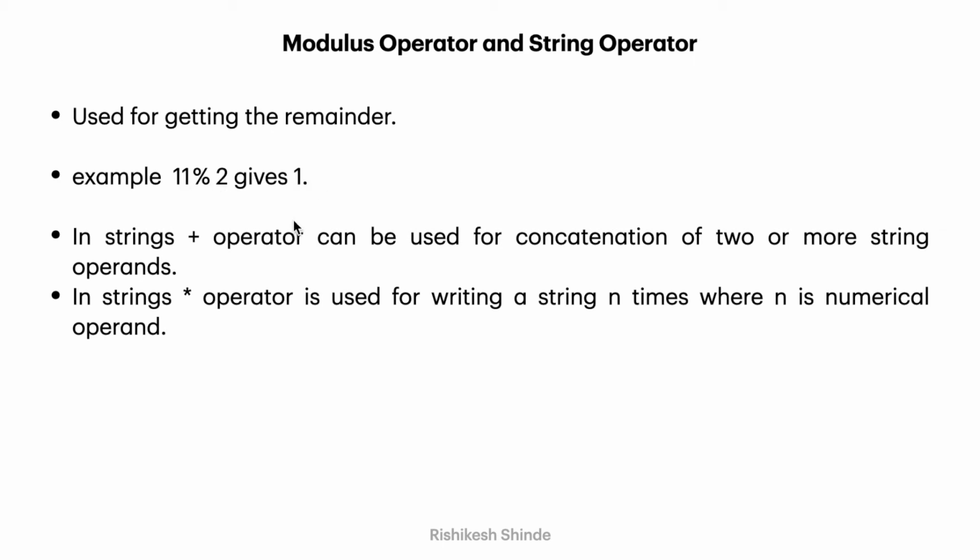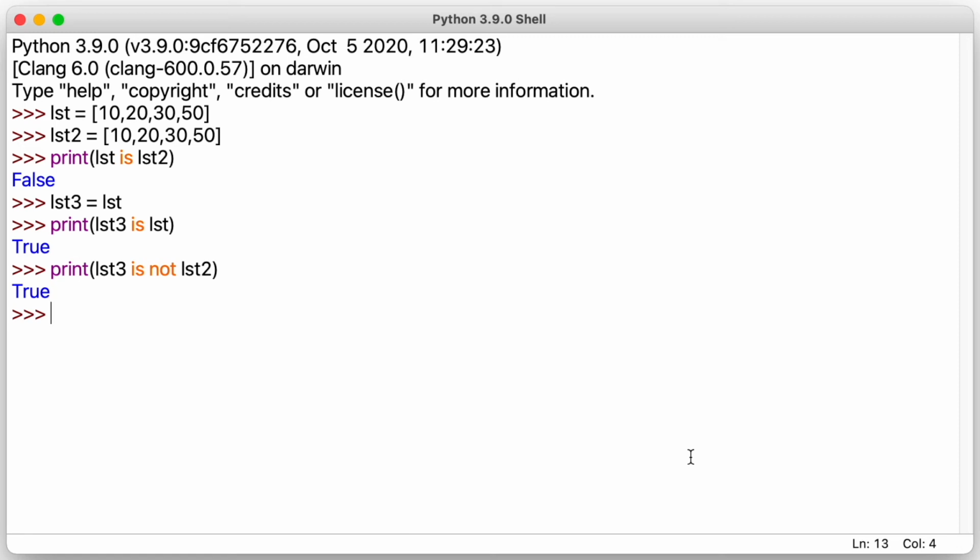Now in strings, this addition operator, that is plus operator, can be used for concatenation of two or more strings as operands. Suppose we have two or more strings as operands, then we can use this operator among them to concatenate those strings. So let us understand this in the Python shell. Suppose we have a variable name.